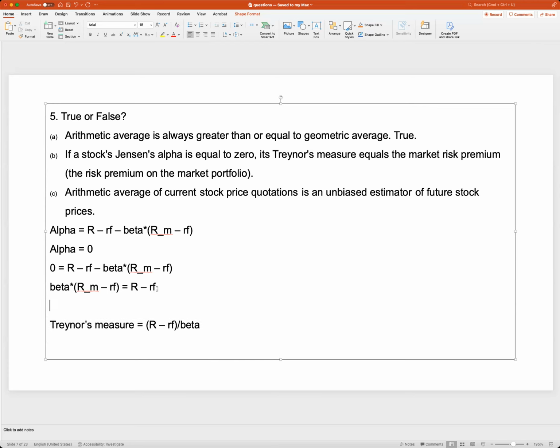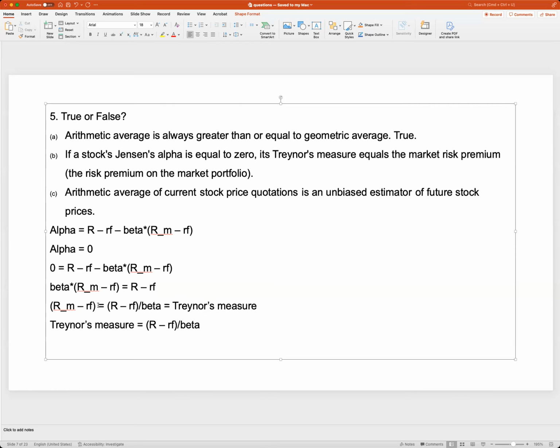So let's try to do that. On the left-hand side, this is what I get. On the right side, I'm going to divide the stock excess return by beta as well. And this is the Treynor's measure.